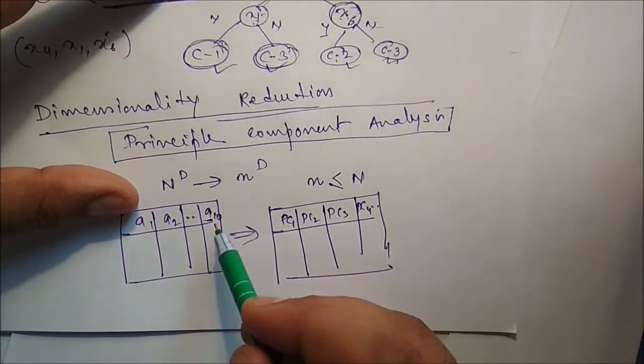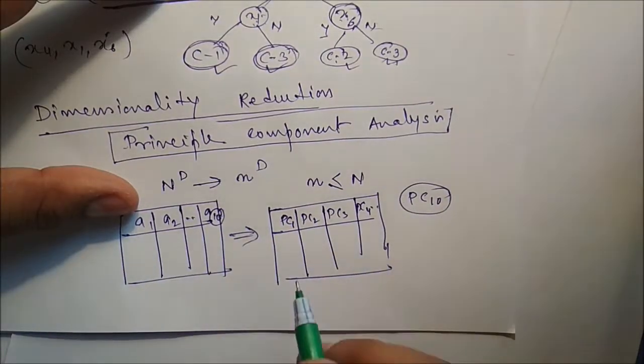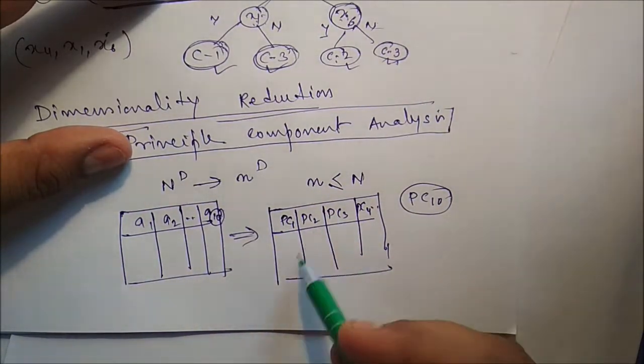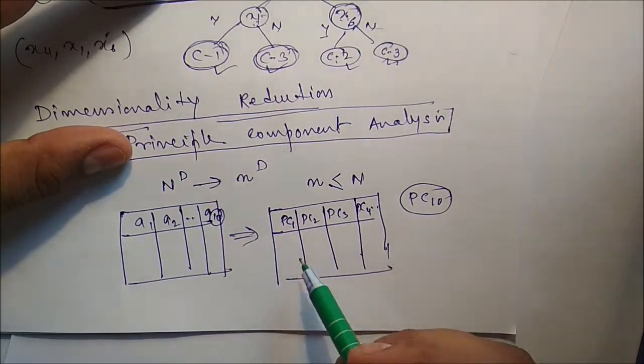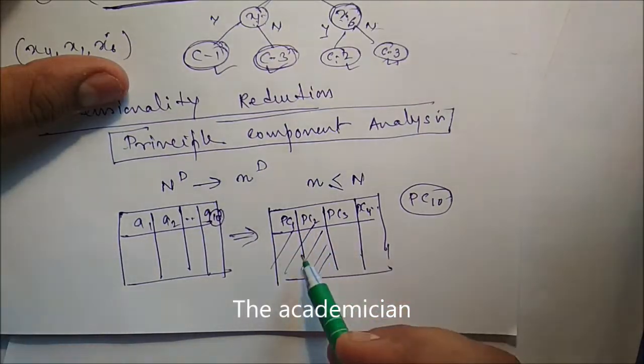If the total dimension is 10, then PC1 up to PC10 must be there. But our goal is to select the dimensions as per our requirement. Suppose we may select the principal components as per our requirement.